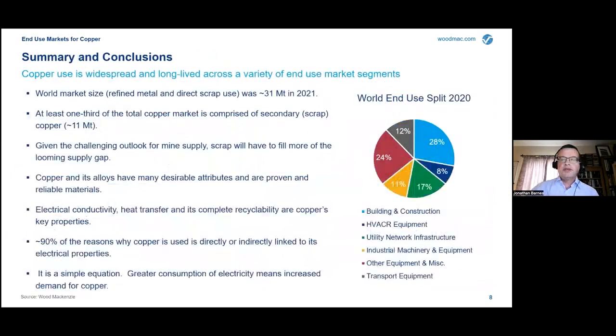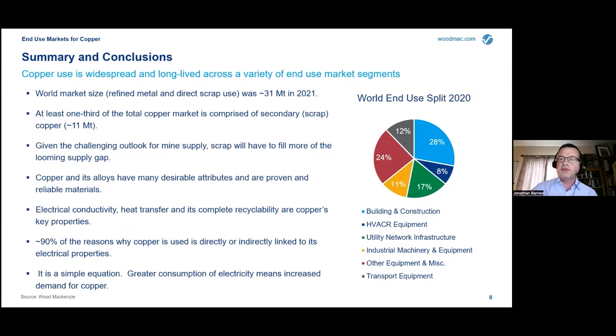So I'd like to really sort of try to draw this all together in a final summary and conclusion slide. What we've seen is copper use is very widespread and long-lived across a variety of end-use market segments. The world market size last year, when we look at both refined metal use and direct scrap, was, we think, just under 31 million metric tons in 2021.